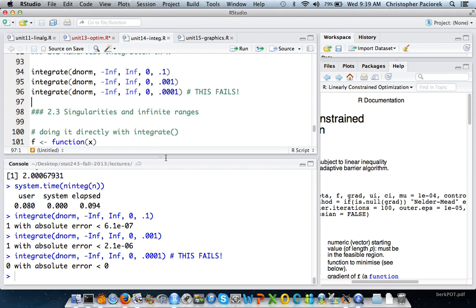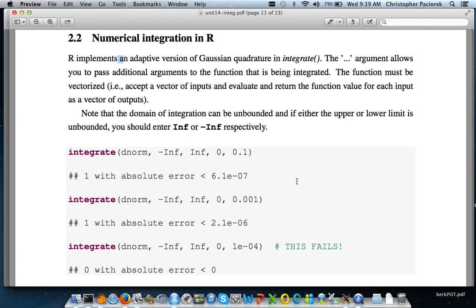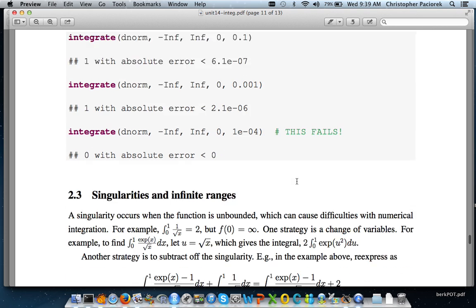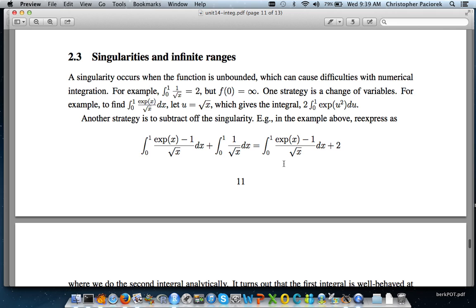So I guess I'll say a couple more brief things. If we go back to the notes, I also have this comment about singularities. Another thing that can cause difficulties is if we have a function that has a singularity.